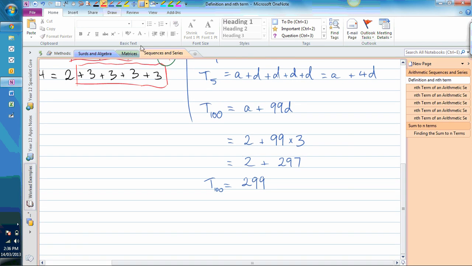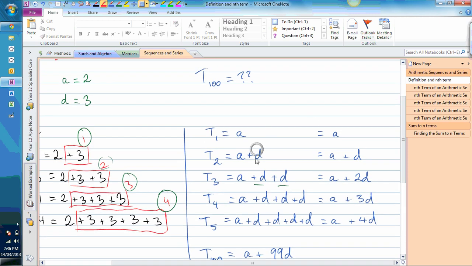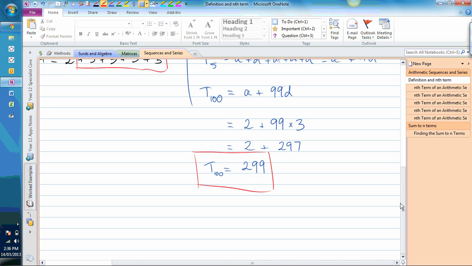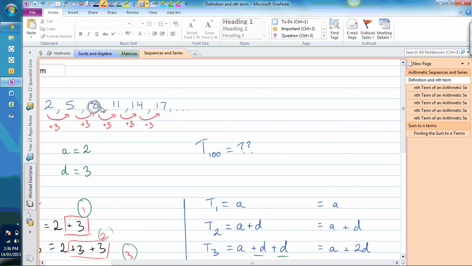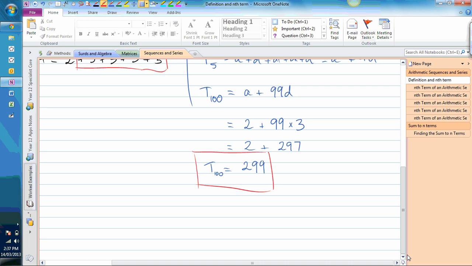Now, the fact that I could work that out is really powerful. Because I was able to notice this pattern about how the terms were calculated, I was able to go straight to term 100 and I didn't have to calculate all the terms that came before it.